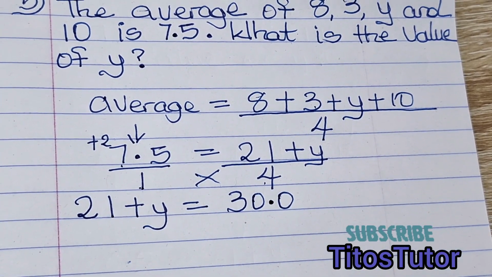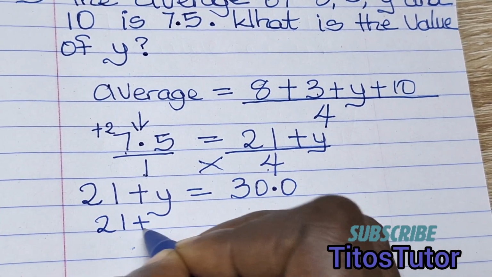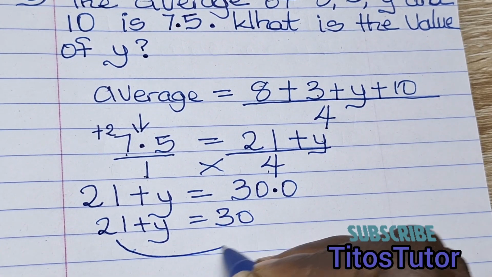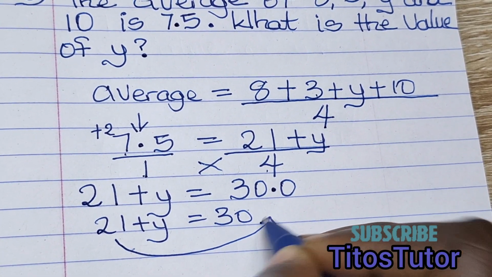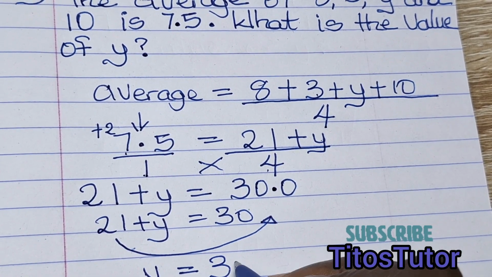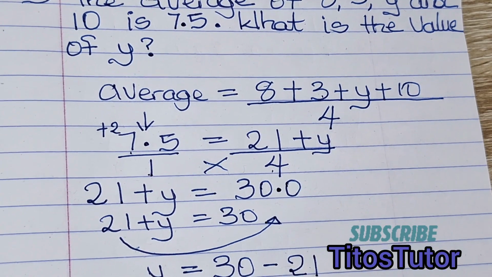Okay, so that gives you 21 plus y is equal to 30. I'm going to take my 21 to the other side. It becomes minus 21. Y stays on its own. So 30 minus 21, right?